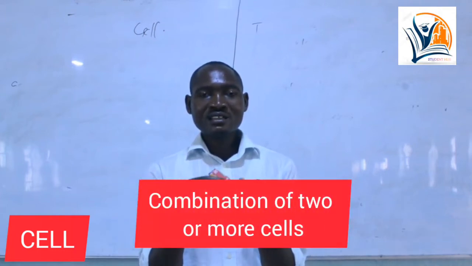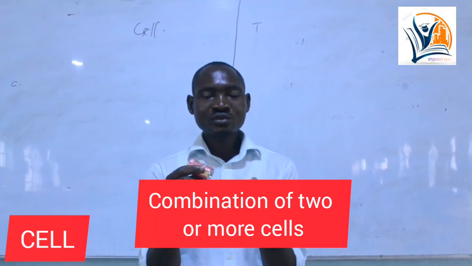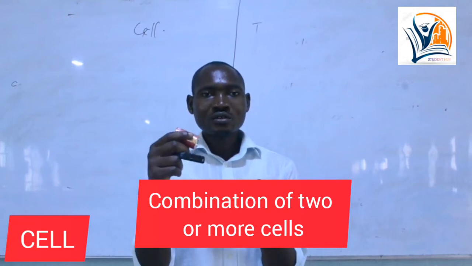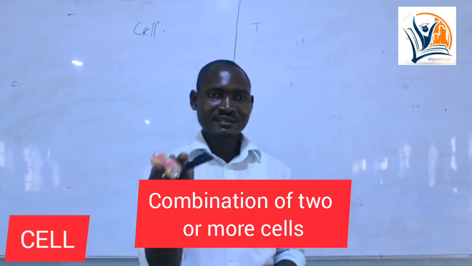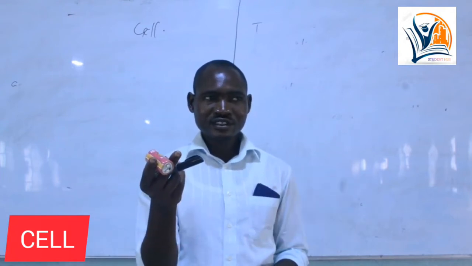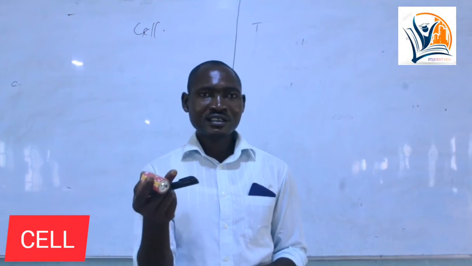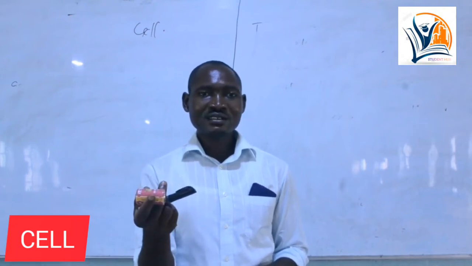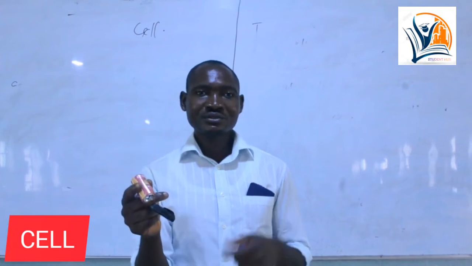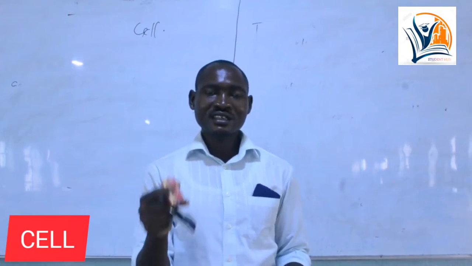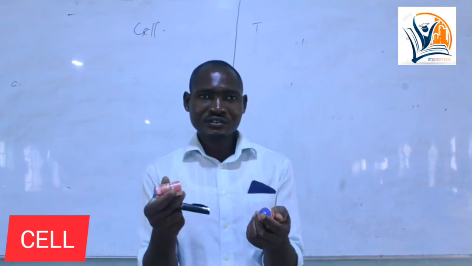If you combine more than two cells, it gives you what we call a battery. Is that okay? While a cell is a device that converts chemical energy to electrical energy, the battery is the combination of two or more cells.